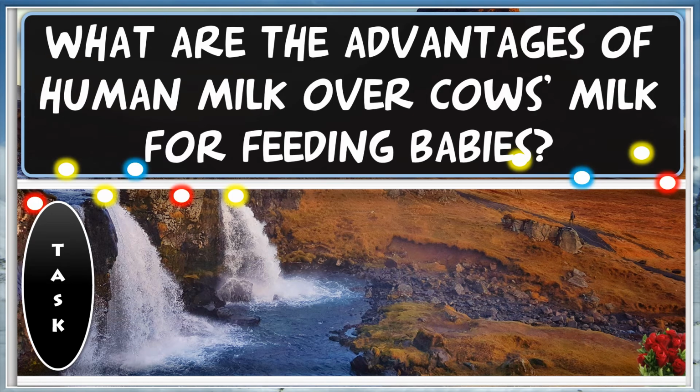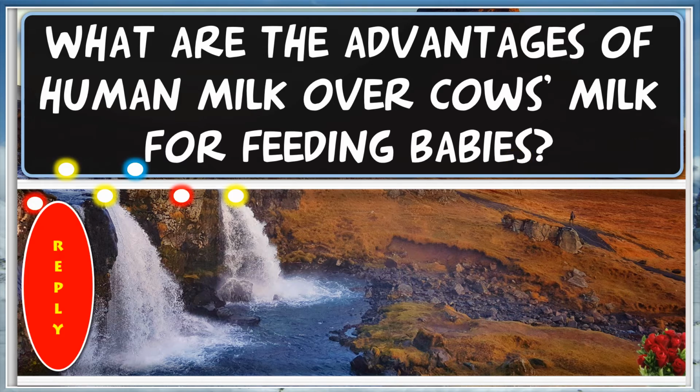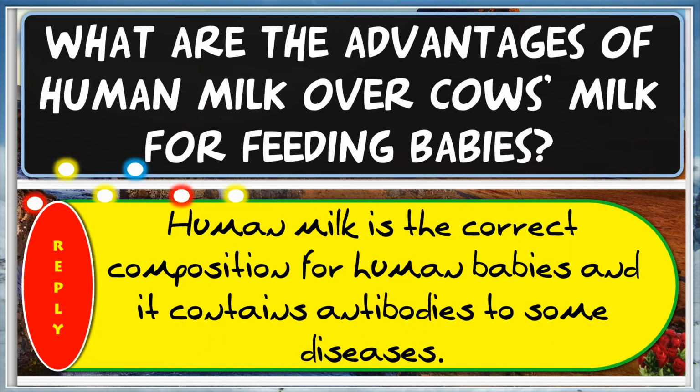What are the advantages of human milk over cow's milk for feeding babies? Human milk is the correct composition for human babies, and it contains antibodies to some diseases.